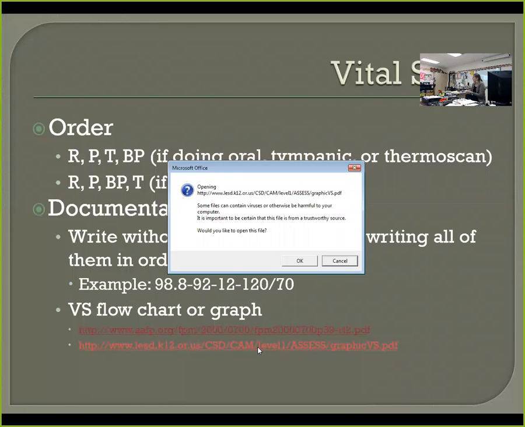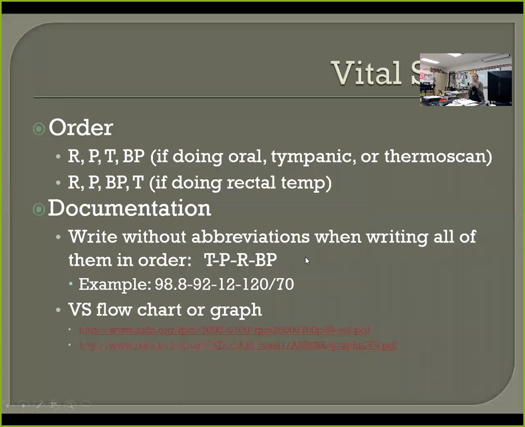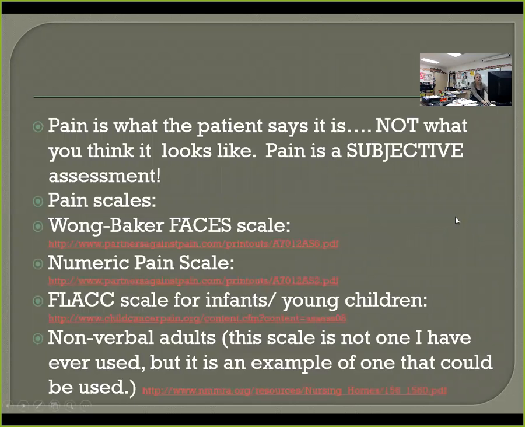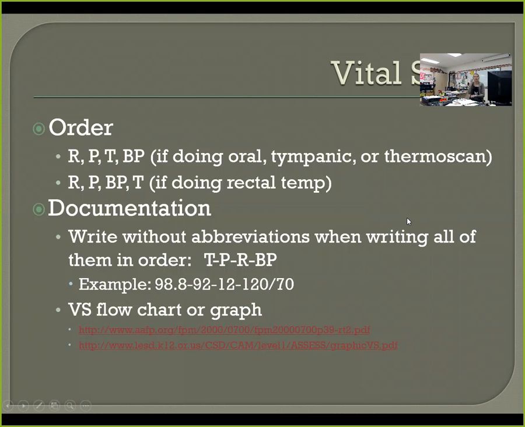But you don't want to automatically assume that if their heart rate's been 95 for the last 3 months, and then all of a sudden you go in one day and it's 65, even though 65 is a normal heart rate, you might be like, something's not right, something's abnormal, even though it's not necessarily, it may just be abnormal for them. And that's what that flow chart does, really, it tells you if something's abnormal or not.